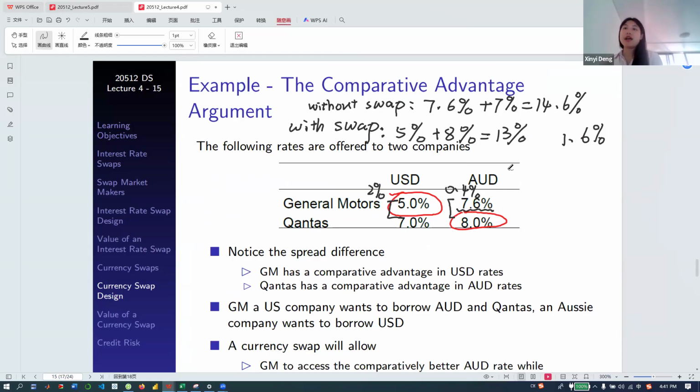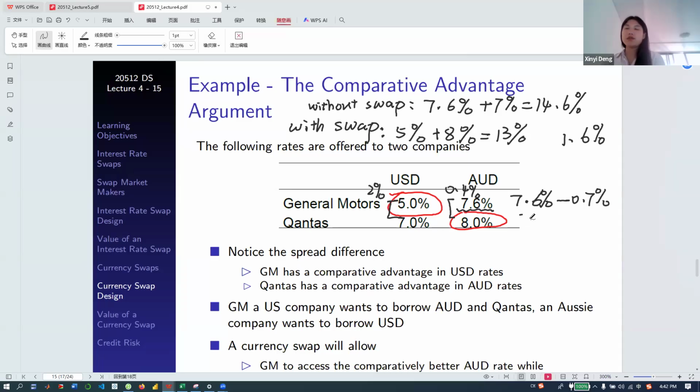And actually, via this swap contract, General Motors is able to lower its AUD rate from the original 7.6%. So its actual AUD rate by utilizing the swap is going to be 7.6% minus 0.7%.